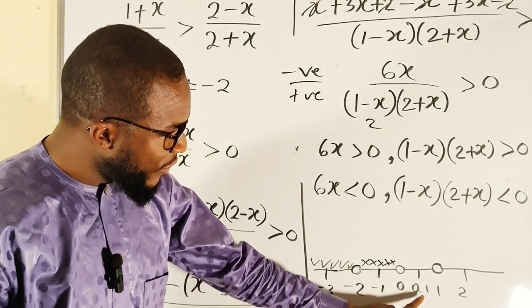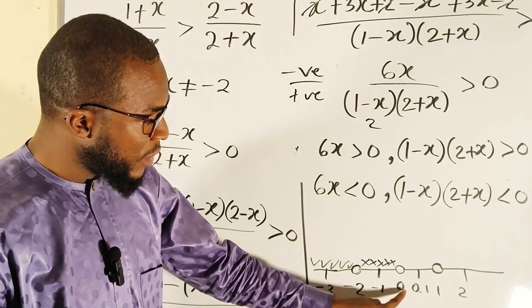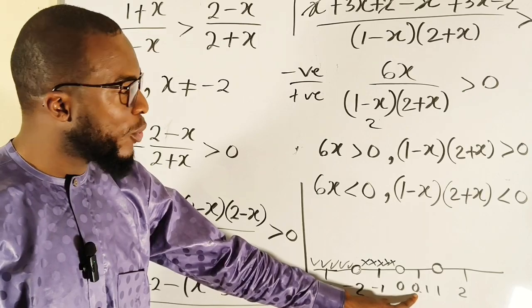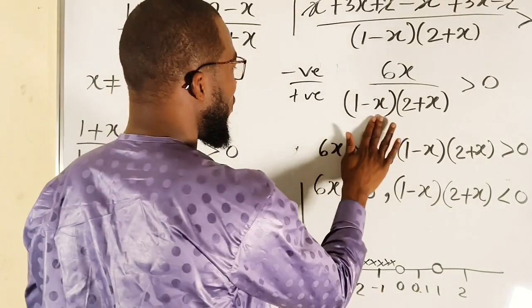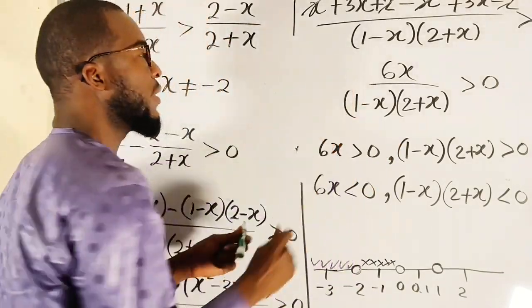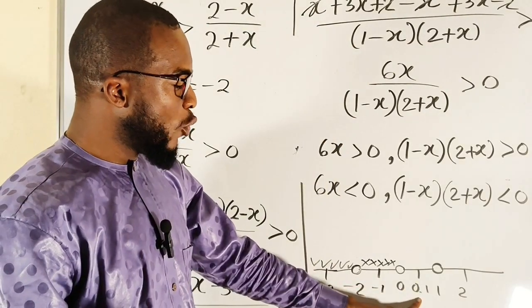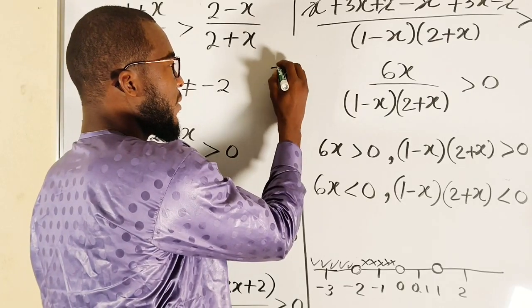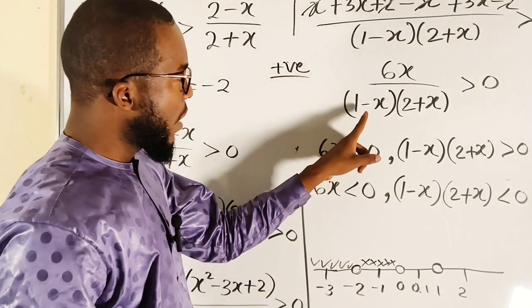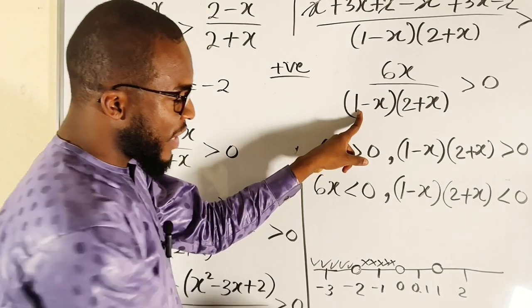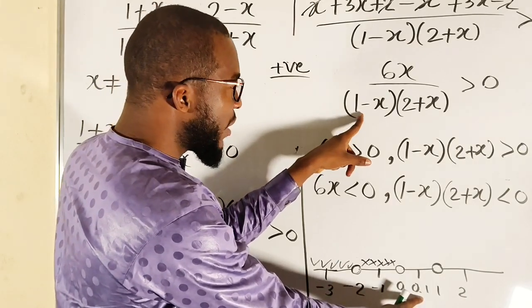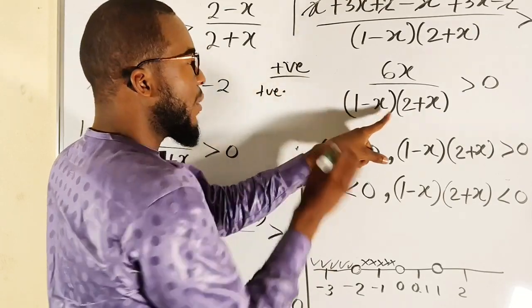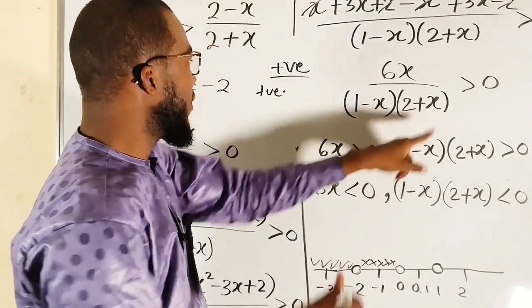Then we can choose a value in between 0 and 1, which we have chosen to be 0.1. So let's choose 0.1 and see what happens. 0.1 is positive, so 6 times positive is still positive. 1 is greater than 0.1, so 1 minus 0.1 is positive, multiplied by 2 plus 0.1 is still positive.